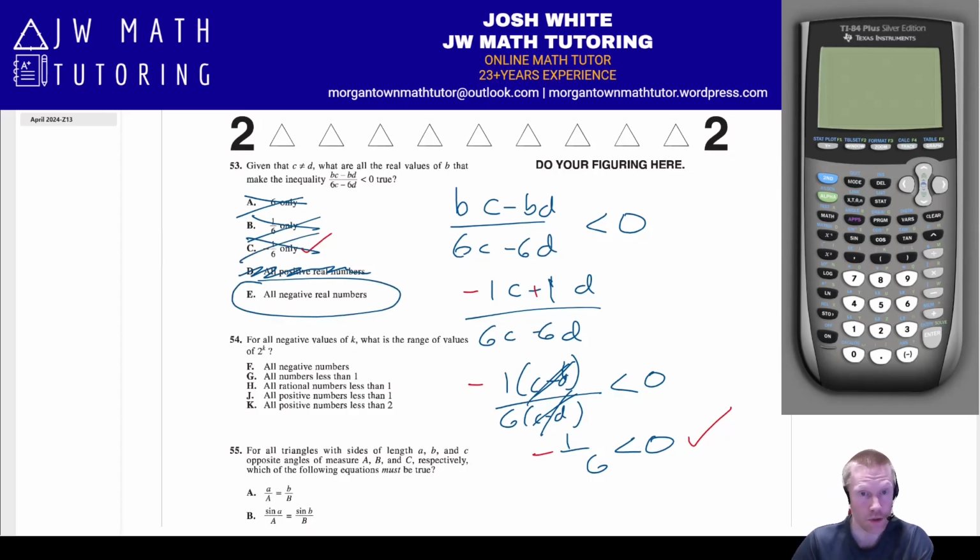And again, you could just type this in, and I'll show you real quick here on the calculator. I think it will be quicker, honestly, just to do it horizontally.